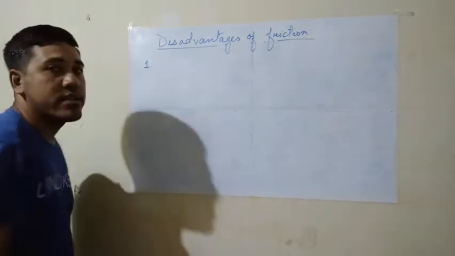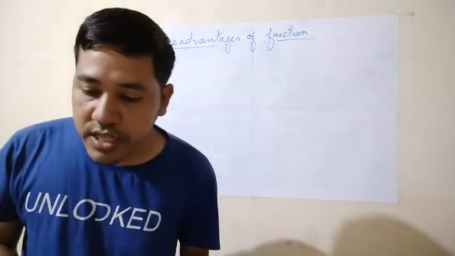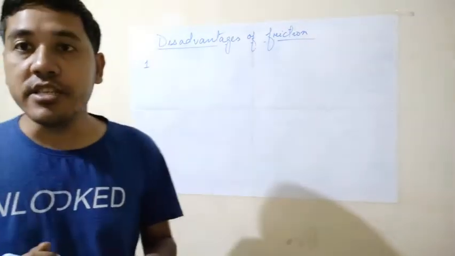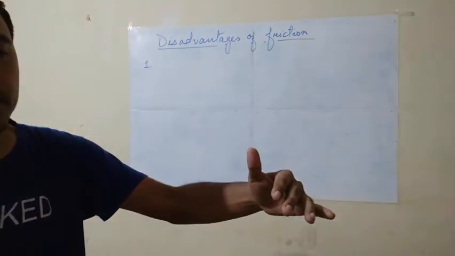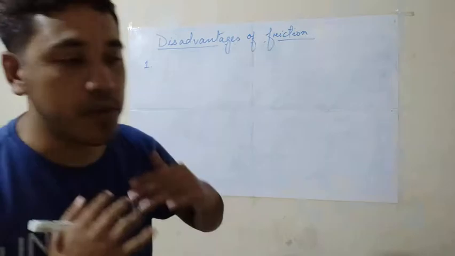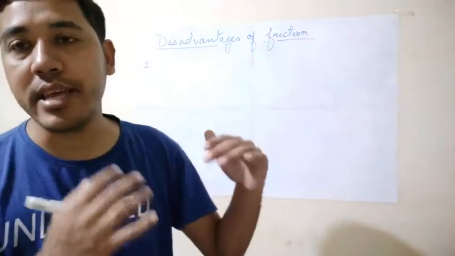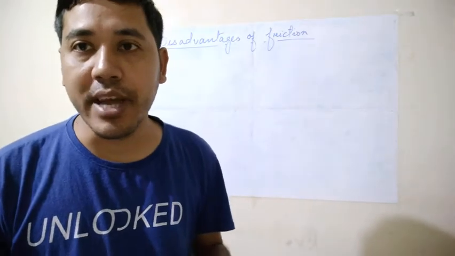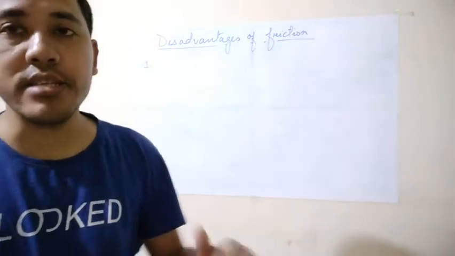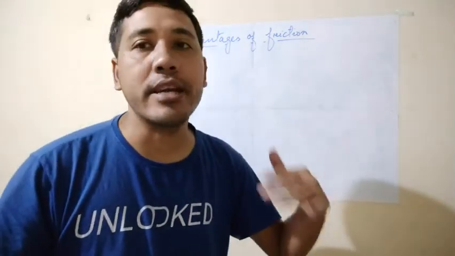We already know that friction increases the energy requirement. To overcome the force of friction, any kind of object or body needs extra energy. This is one of the disadvantages: it wastes extra energy.